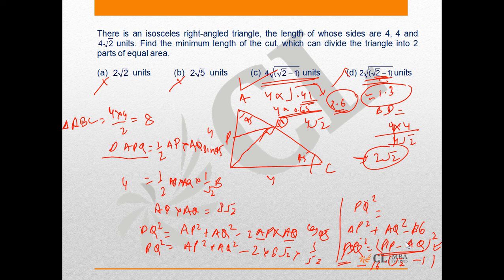In that case PQ will realize its minimum value, and PQ square equals 16 root 2 minus 1. Therefore PQ is equal to 4 root 2 minus 1, which is option C.